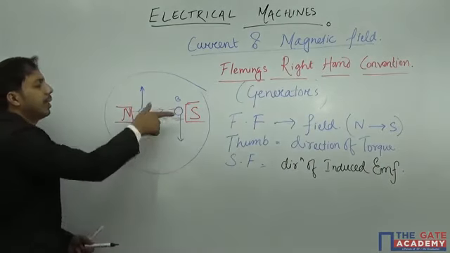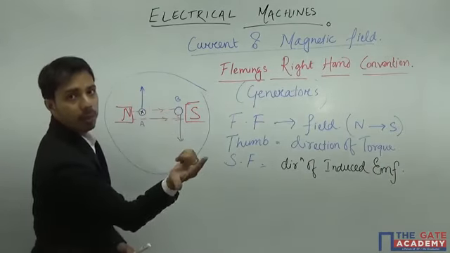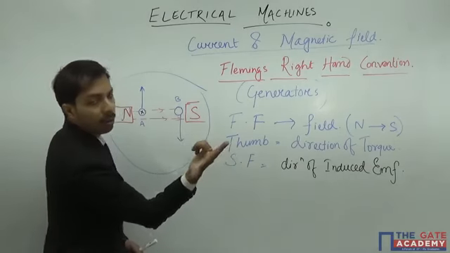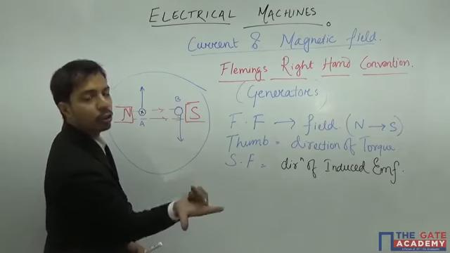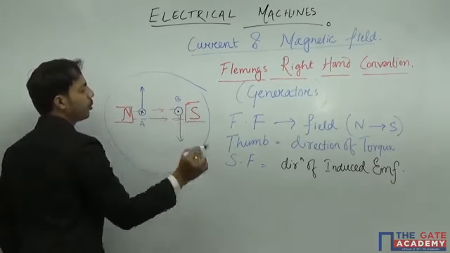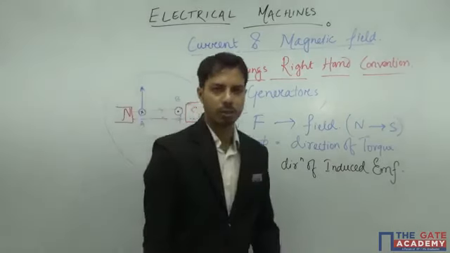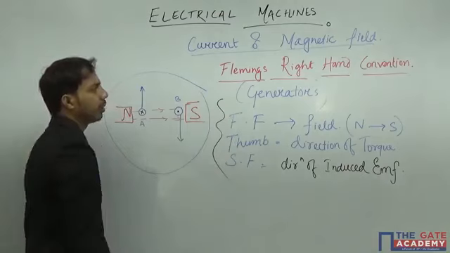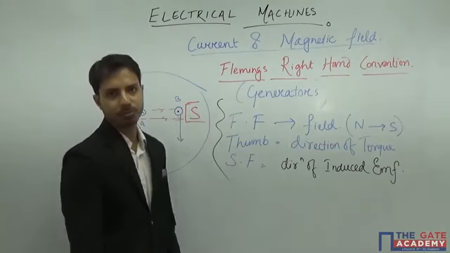Similarly, in this case, I'll use the right hand; my field is in this direction and my conductor is moving in this direction, so my EMF will be outwards, which is nothing but a dot. So this is my Fleming's right hand convention.